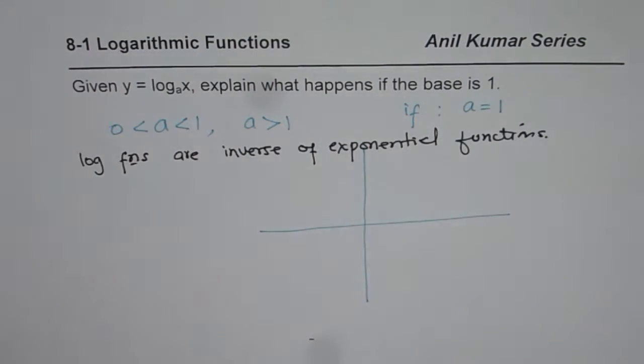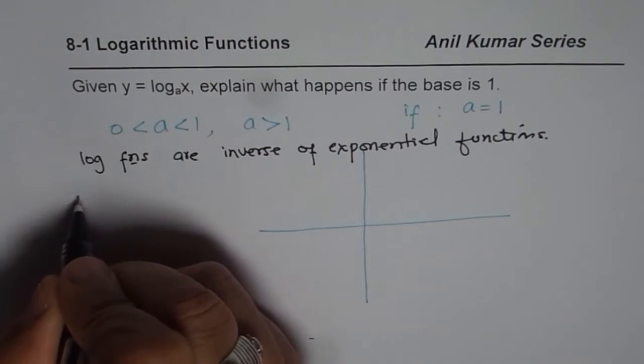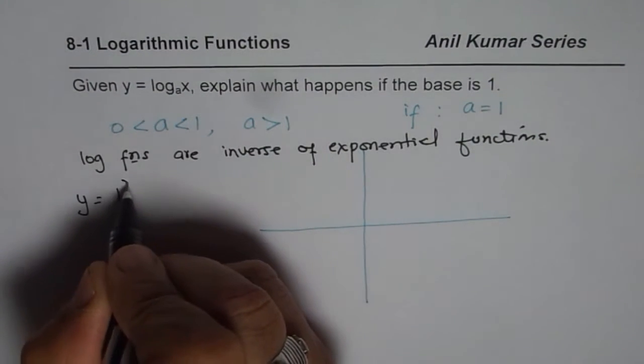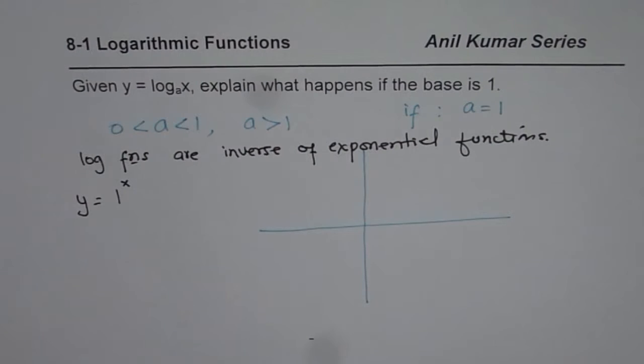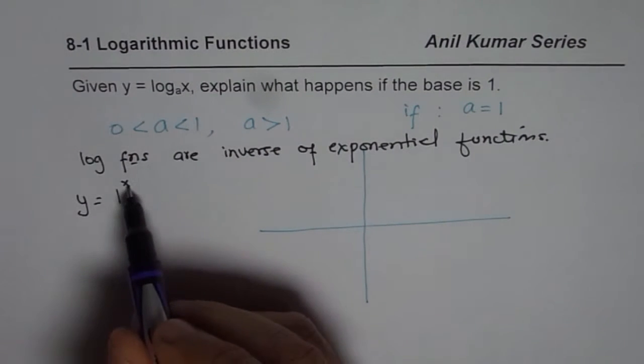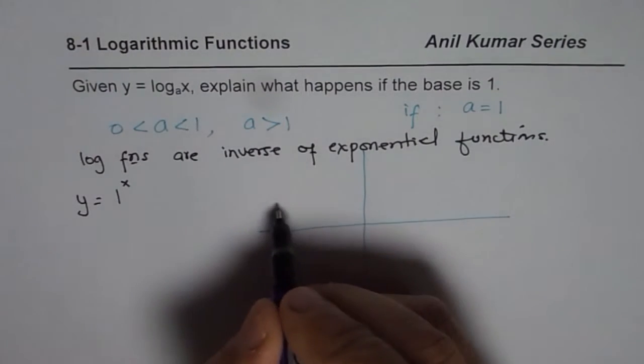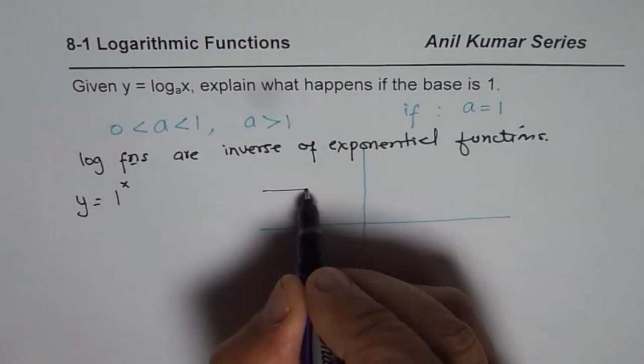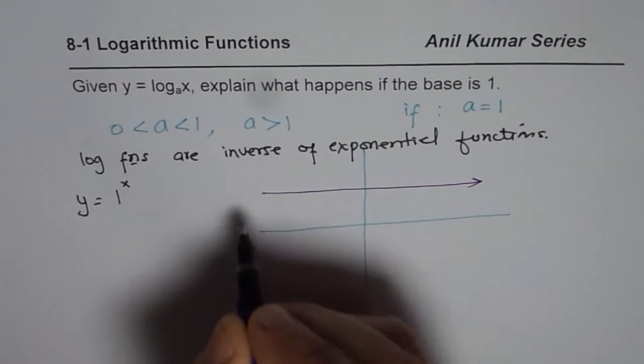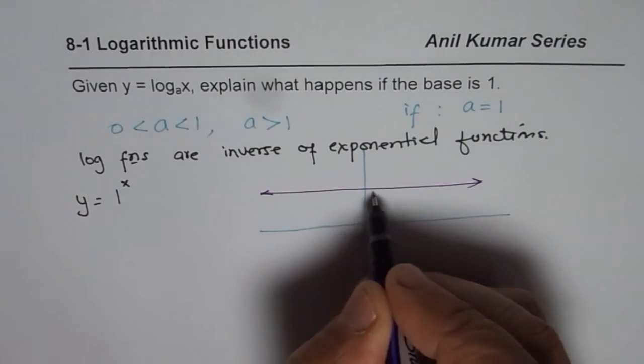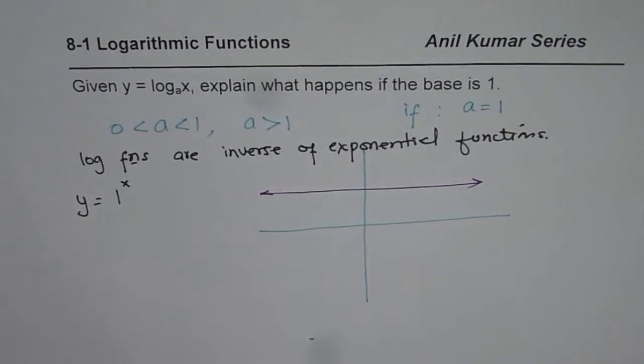Now, if I have y equals 1 to the power of x, then what kind of graph do I expect? x could be anything, and it will just be a horizontal straight line. Everywhere the y value is going to be 1, correct?